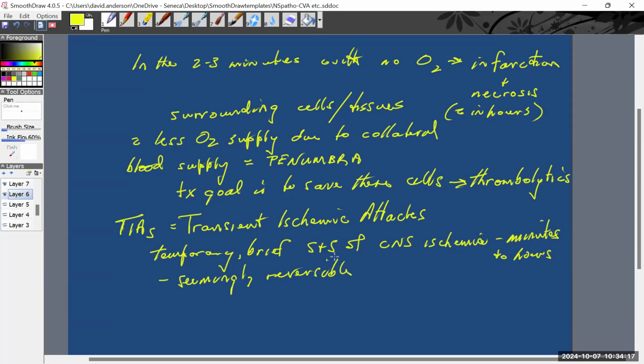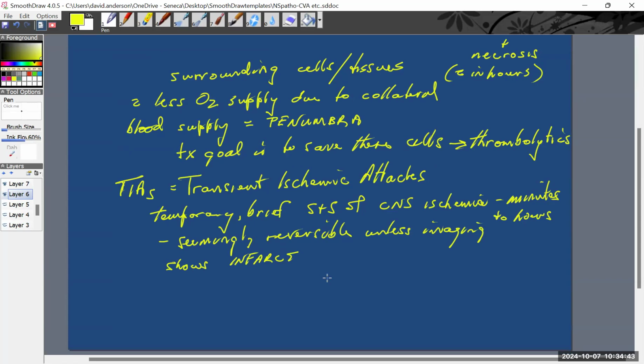In lots of cases, it tends to present and is reversible, unless imaging shows infarct. Infarct is telling us there are dead cells, and those will no longer be functional and typically not replaceable. So we're going to be left with some degree of impairment, as minor as it may be.